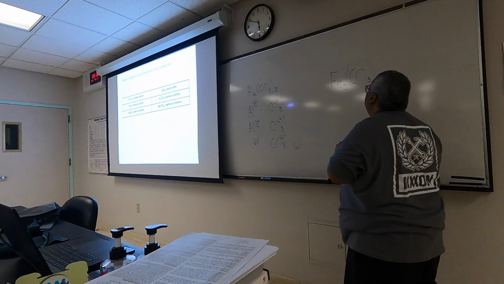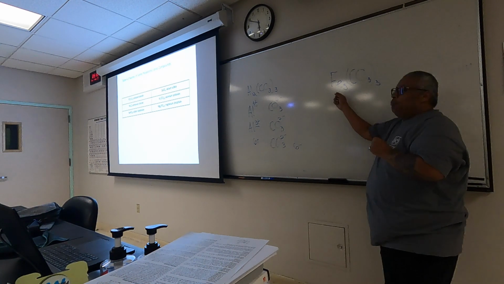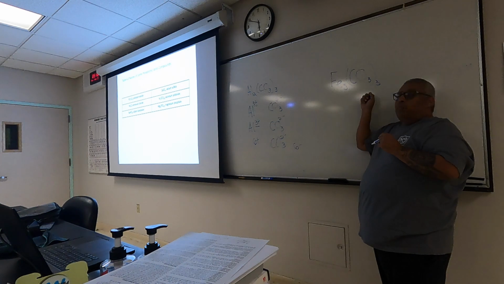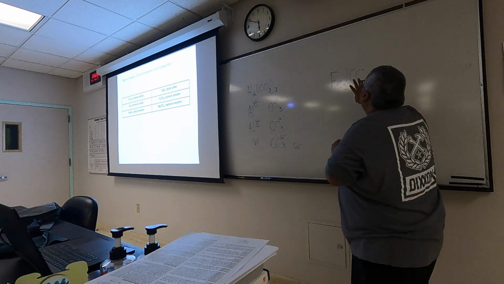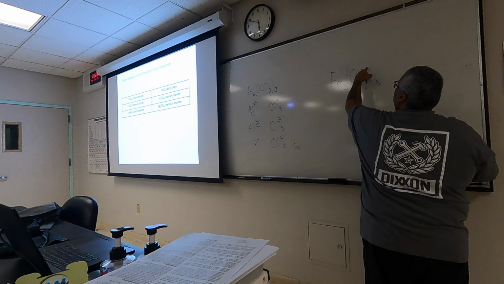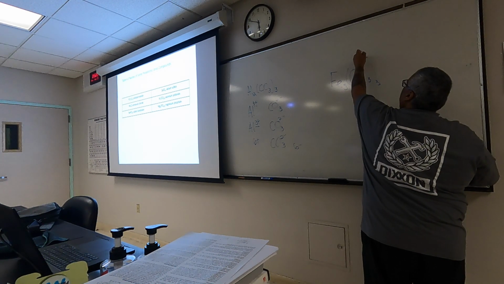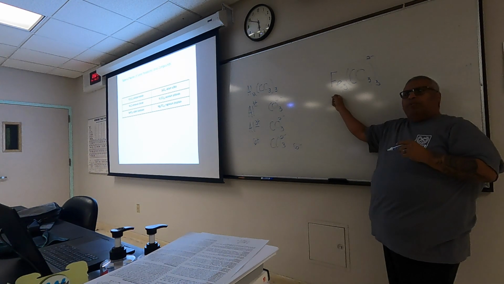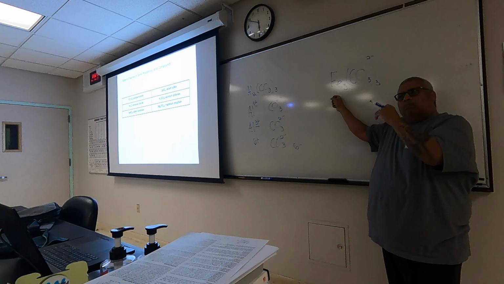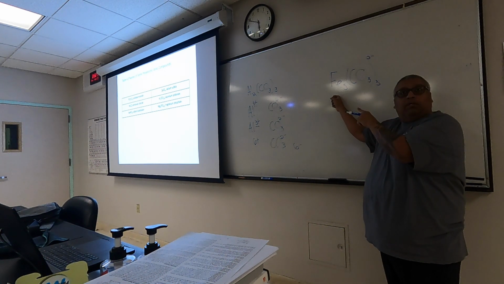All right. So we have 3 iron atoms. We have 3 carbonate polyatomic ions. Now this polyatomic ion, what is the charge on this? -2. Do we need a Roman numeral for iron? Yes. Why? It's a heavy metal. It's a transition element, right?